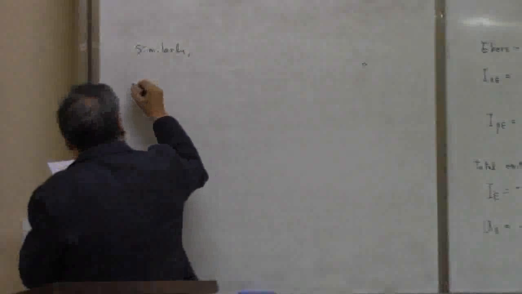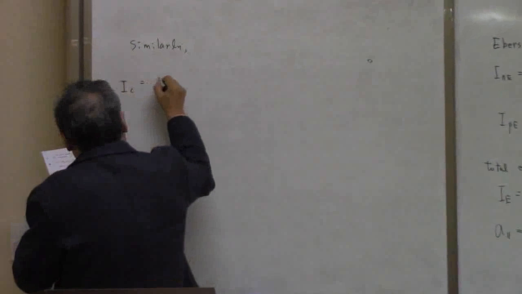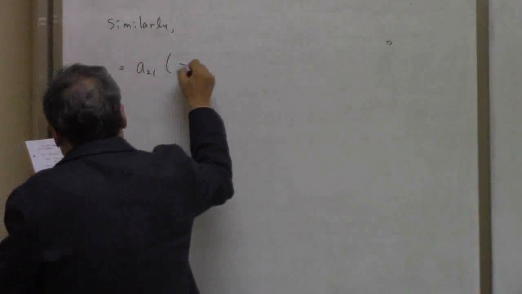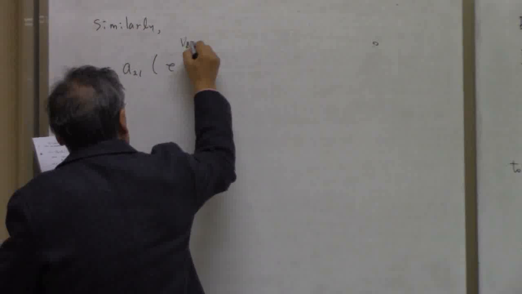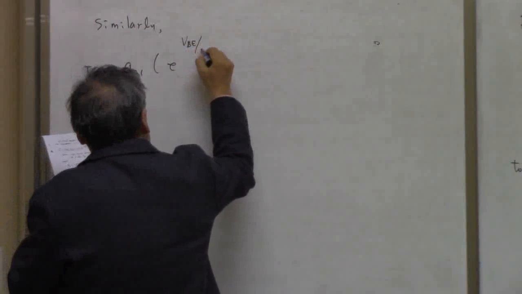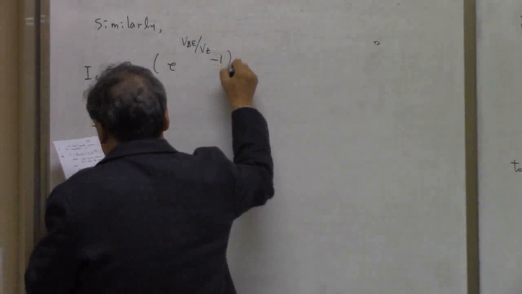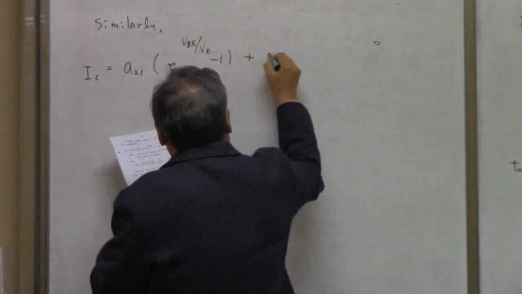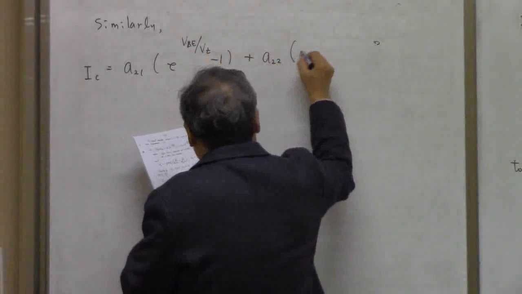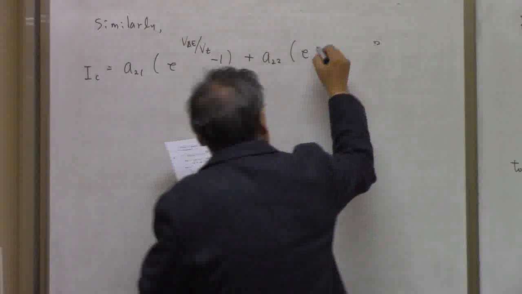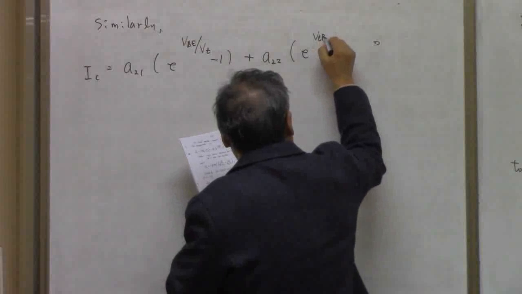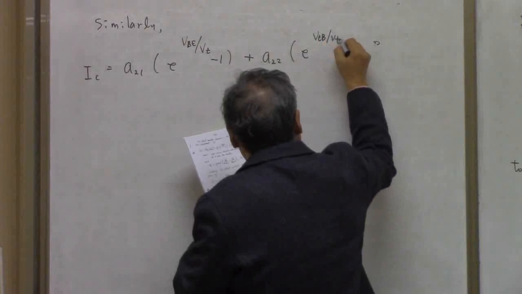Similarly, we can have the collector current as A21 e to the VBE over VT minus 1 plus A22 e to the VBC over VT minus 1.